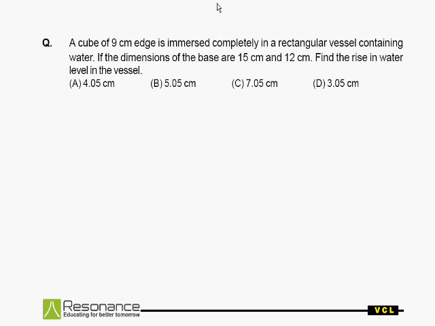A cube of 9 centimeter edge is immersed completely in a rectangular vessel containing water. If the dimensions of the base are 15 and 12 centimeters, find the rise in the water level.